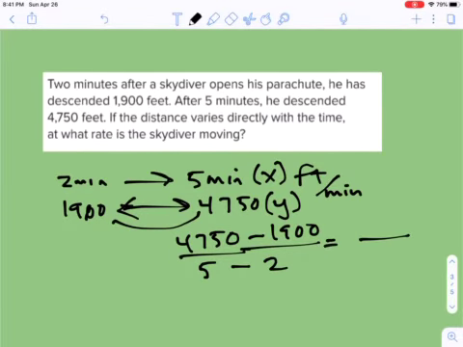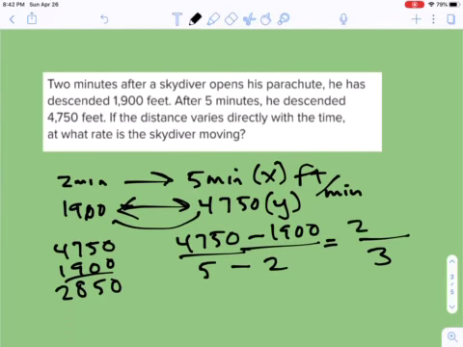What that will tell you is how far this person went in the span of 3 minutes. And if I set up a real quick little subtraction algorithm here, I get 2,850 divided by 3, right?